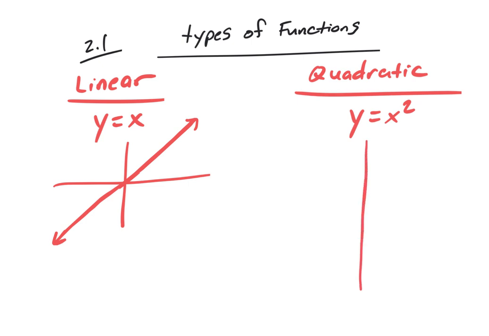What kind of basic shape does a quadratic equation make? It's the U shape, okay? We call it a parabola. We've seen some that open down and some that open up. Sometimes they're a little bit wider and sometimes they're skinnier, and we'll talk about all those things later. But right now we're just talking about what basic shape it is making.